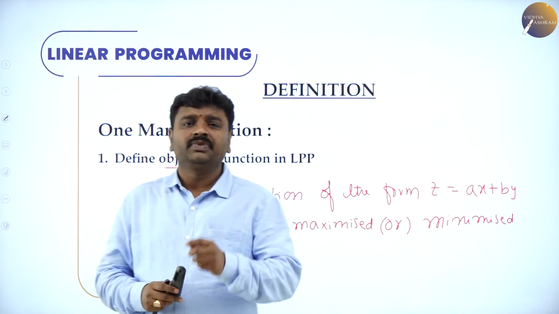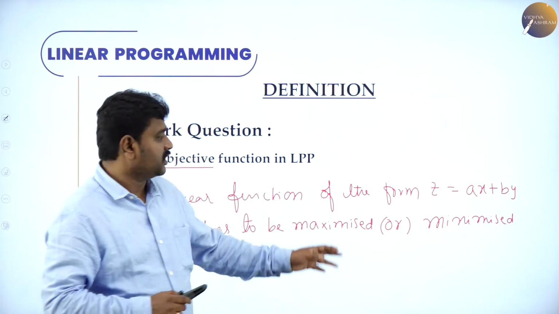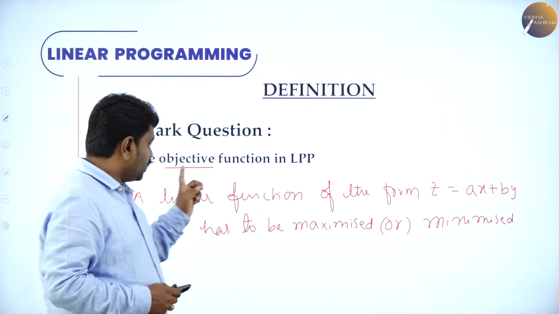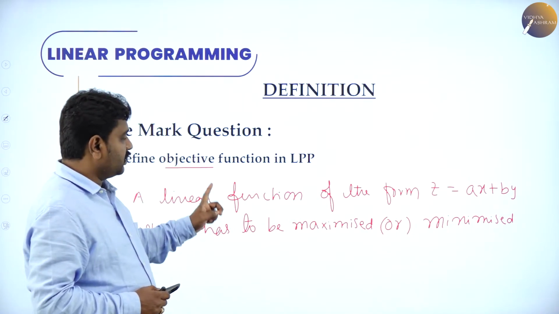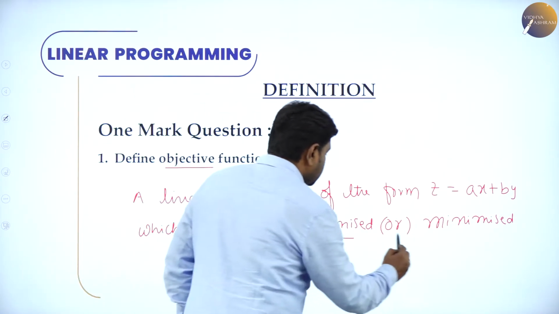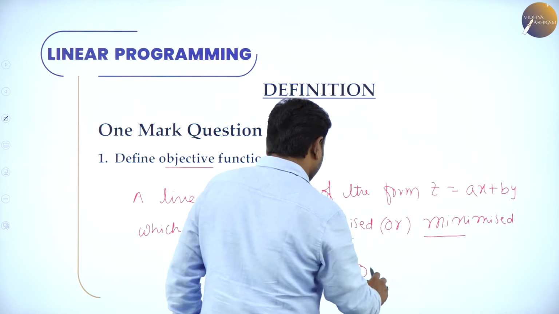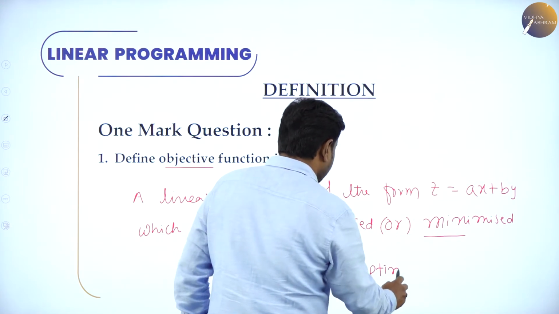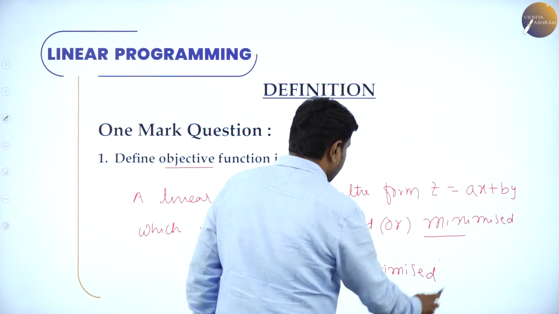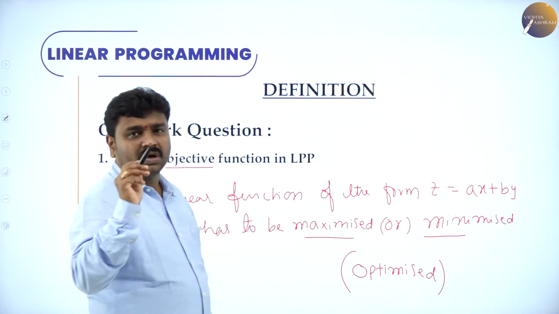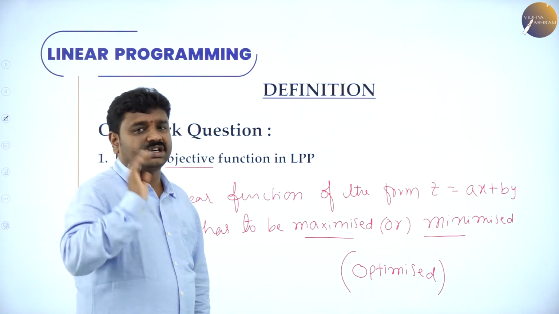Z is equal to a linear function of the form ax plus by, called the objective function, which has to be maximized or minimized, or we can also use the word optimized. A function which we need to maximize or minimize is called the objective function.